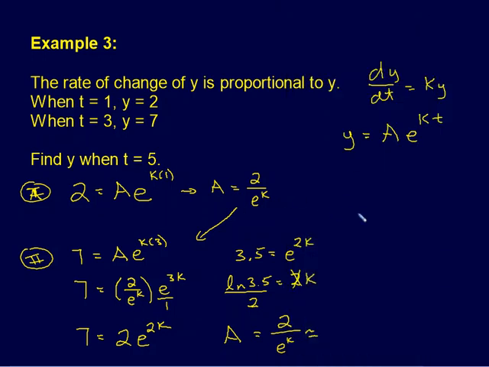And now I've got to find the y value when t equals 5. So I really want to find y equals A times e to the 5k. And I'm literally going to type that into my calculator because I have the a value stored and the k value stored.